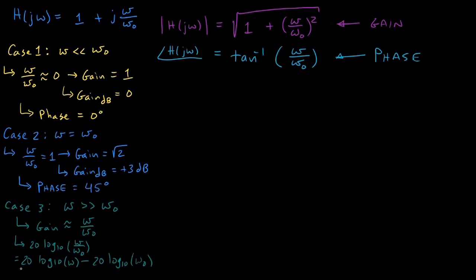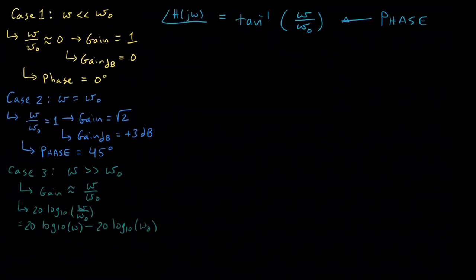So it's going to increase by 20 dB for every decade increase in ω, just like what we had with a zero at the origin. And then we're going to subtract a constant value. In a moment, we'll get to what that means.